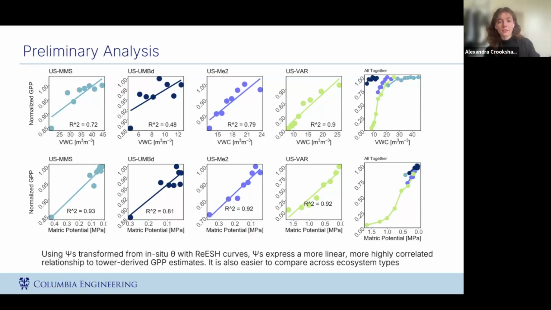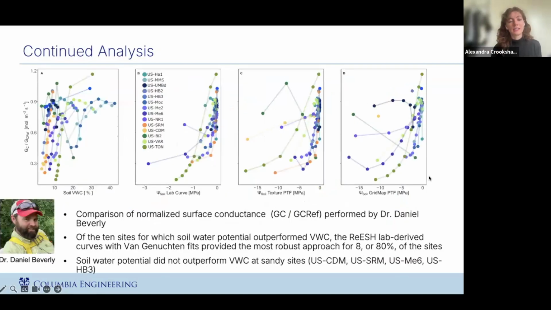And you can see, as I stated before, that when we use matrix potential instead of volumetric water content, the relationship is more linear, more highly correlated, and it is much easier to compare across these ecosystem types as well. This analysis was continued by my mentor, Daniel Beverly, as we prepare our paper, where instead of tower-derived GPP estimates, he was looking at normalized surface conductance.